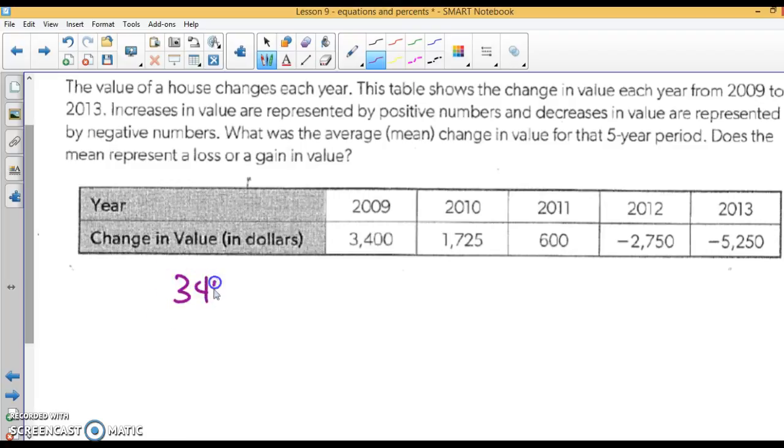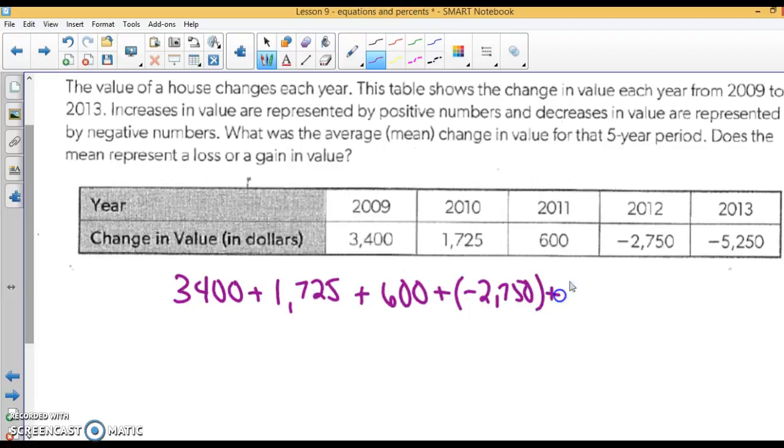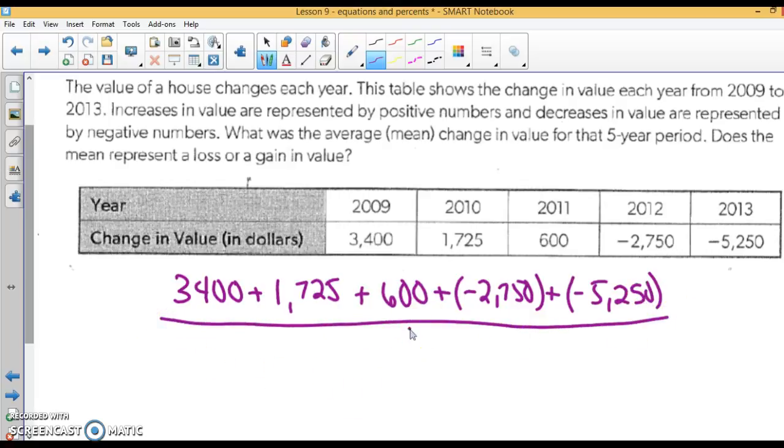So we will do 3,400 plus 1,725 plus 600 plus negative 2,750 plus negative 5,250. And I'm going to divide all of that by 5 because there are 5 numbers. So when you add those all together, you get negative 2,275, divided by 5 gives me negative 455.